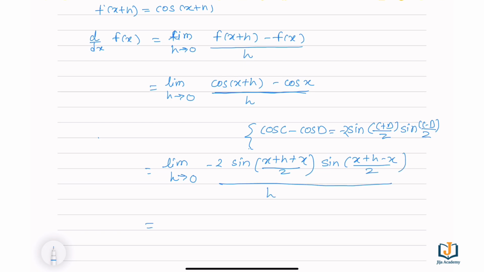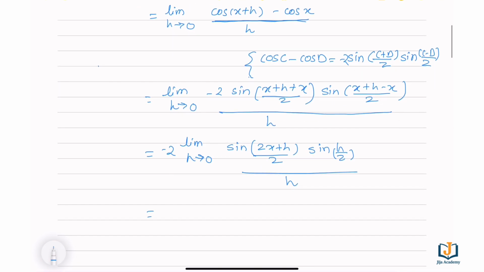So here minus 2 limit h tends to 0 sin (2x plus h) divided by 2 into sin h by 2 divided by h.